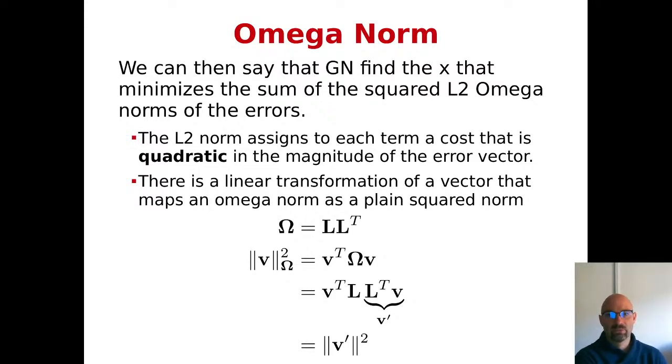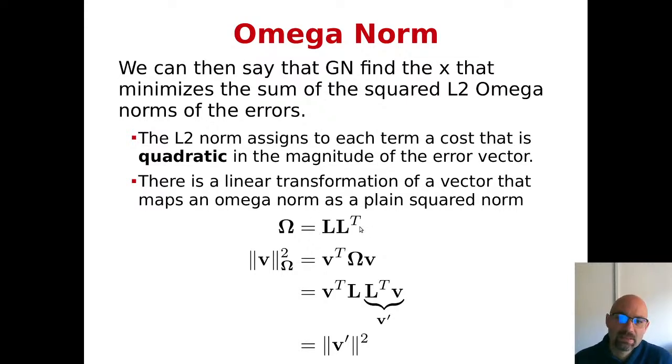Remember that we typically have an information matrix attached to our measurements, which is this omega. The information matrix is symmetric positive definite, so it can be subject to Cholesky decomposition.